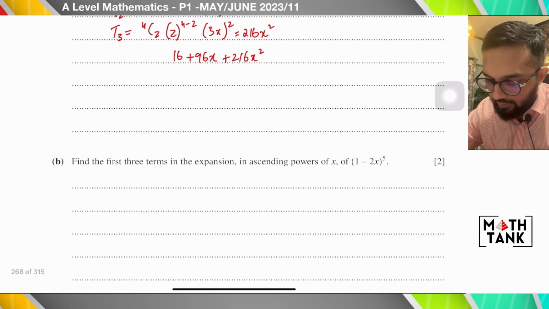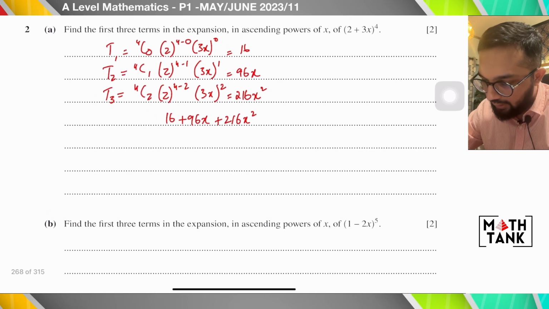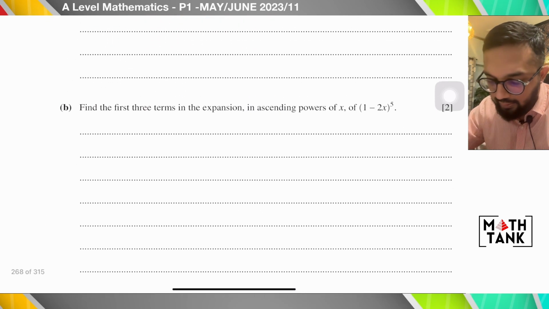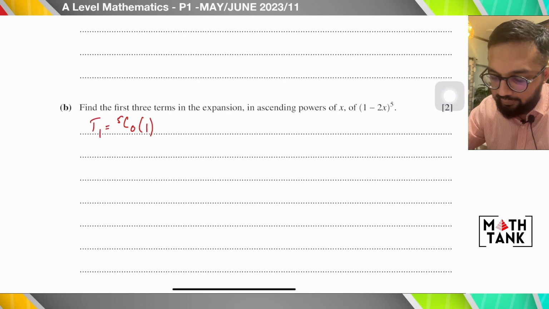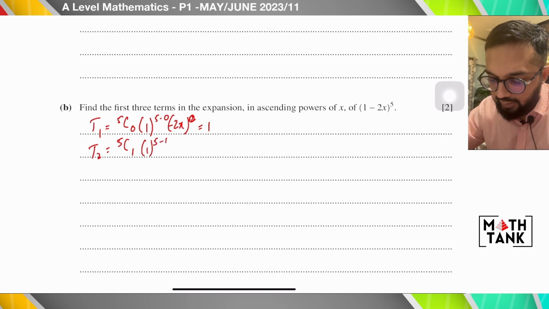Whereas the first 3 terms in the expansion in ascending powers of this, so that's another expansion. 5C0, 1 to the power 5 minus 0, minus 2x to the power 0. So that gives me 1. 5C1, 1 to the power 5 minus 1, minus 2x to the power 1.